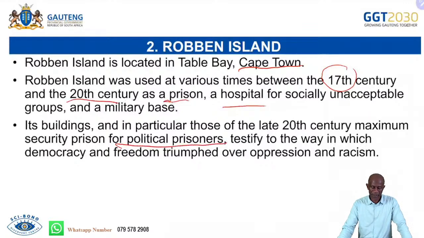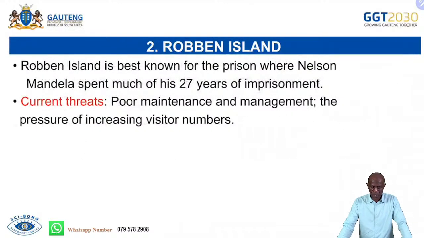Nelson Mandela spent 18 years of imprisonment in Robben Island. So 18 years of his 27 years in prison was spent in Robben Island. Robben Island is best known for the prison where Nelson Mandela spent much of his 27 years of imprisonment, which is 18 years.